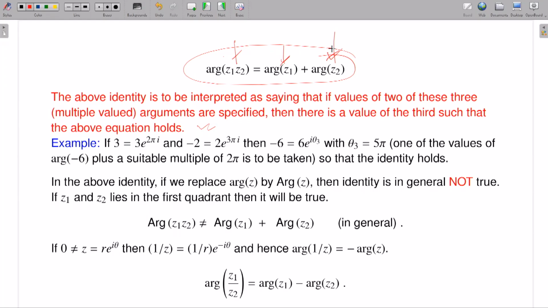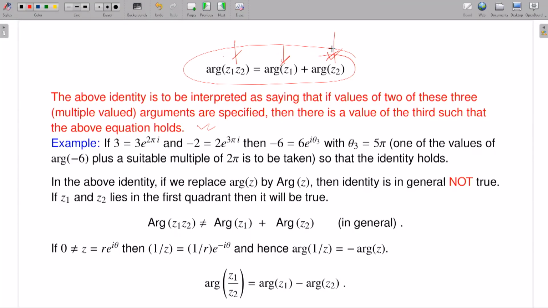So if I have this equality of small arg, three sets are there: one set is equal to another set plus another set. That means if I have A equals B plus C, what is the meaning of that? You take two elements from any two sets, either AC or BC or AB, whatever it is.